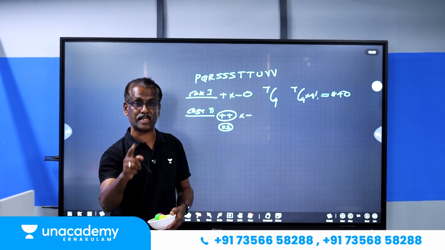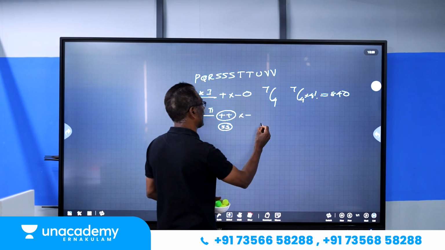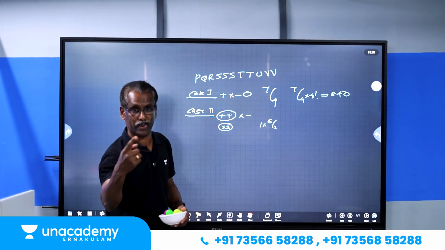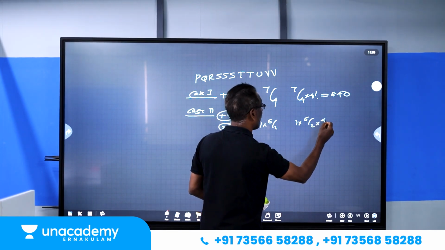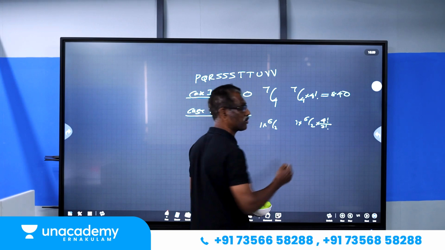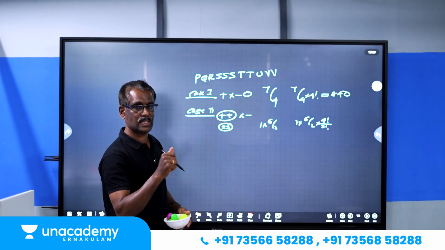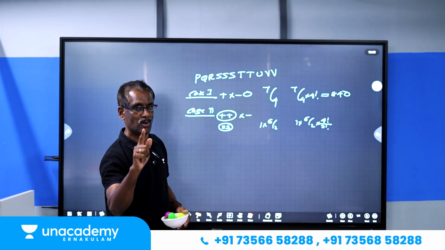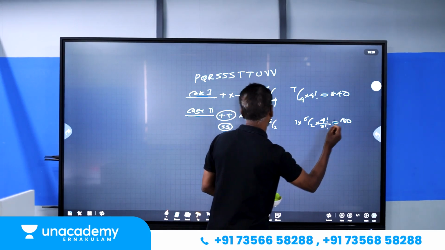Out of 6 distinct letters, you are selecting 2 letters. So here the selection is 1 into 6C2. Then permuting: 1 into 6C2 into 4 factorial by 2 factorial. So 6C2 is 15, 4 factorial by 2 factorial is 12. 15 into 12, the answer is 180.